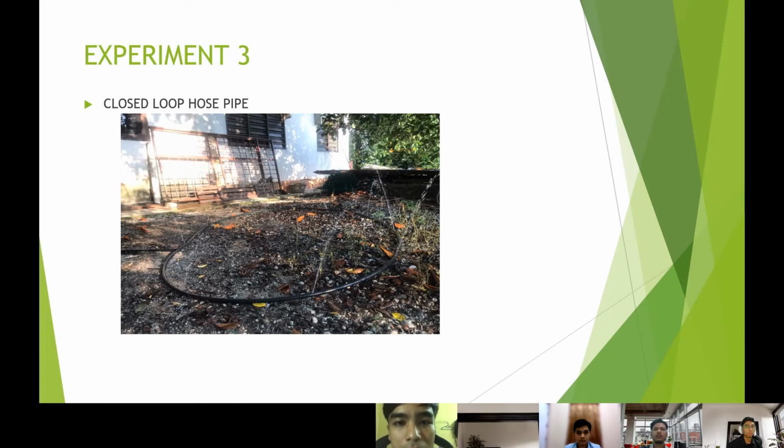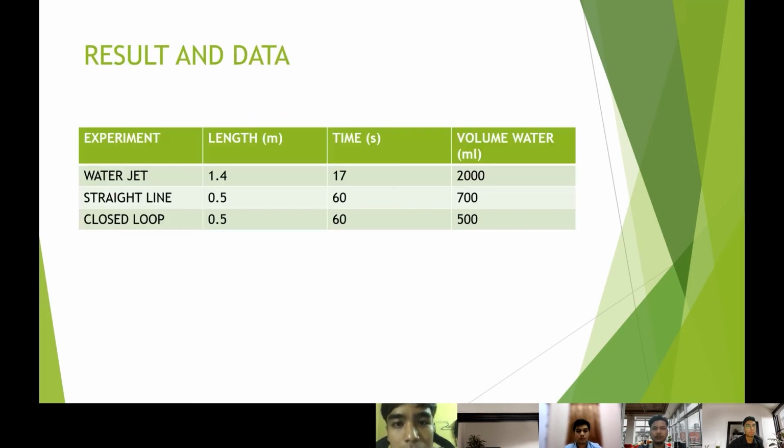From this experiment, we can also determine the volume and the time taken of the water that flows at every hole.